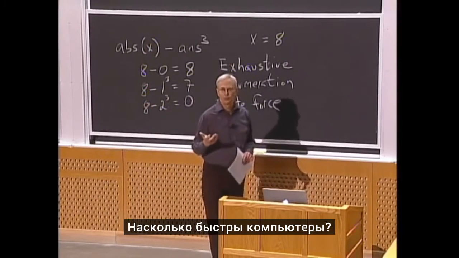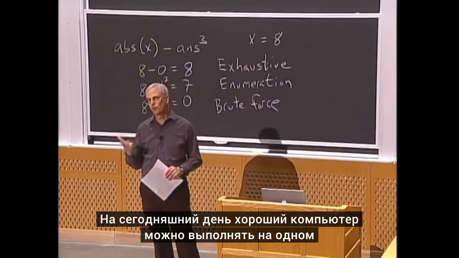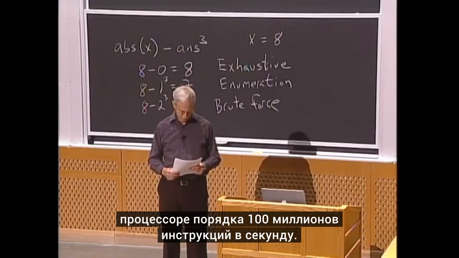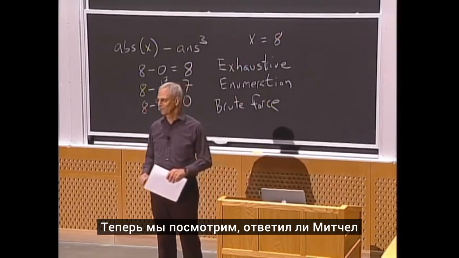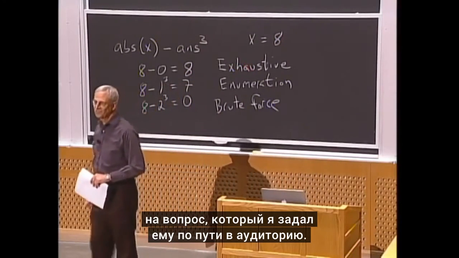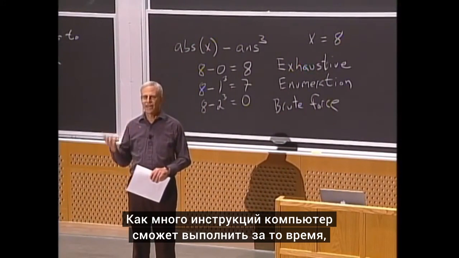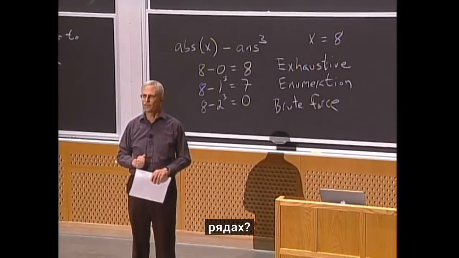How fast are computers? Well, today a good computer can execute in a single processor on the order of 100 million instructions a second. How fast is that? And now we're going to see if Mitchell has answered the question I asked on the way into class. How many instructions can a computer execute between the time I say something and the time the people in the back row hear it?